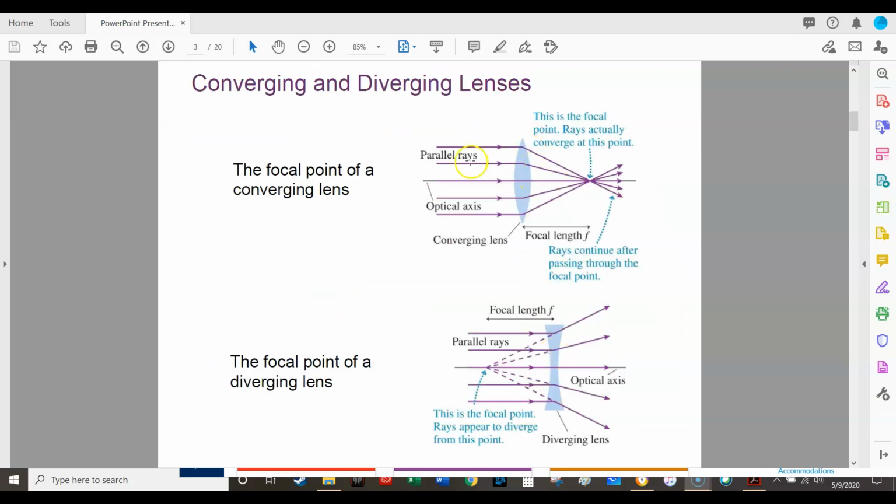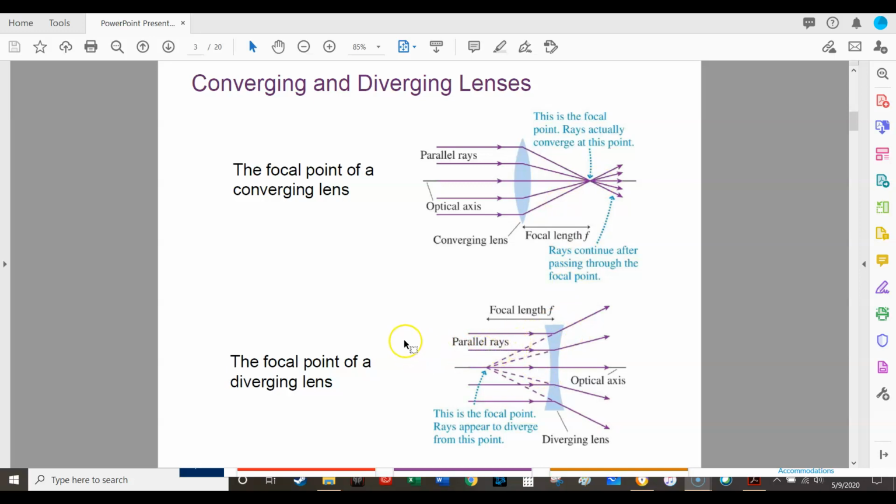Well, the thing about a double convex lens is that it causes light to focus to a point on the other side of the lens. So if you have parallel rays coming in and they hit a double convex lens, or what we're going to now call a converging lens, it makes the light rays converge onto a point on the other side of the lens. The antithesis of this is a diverging lens, which is a double concave lens.